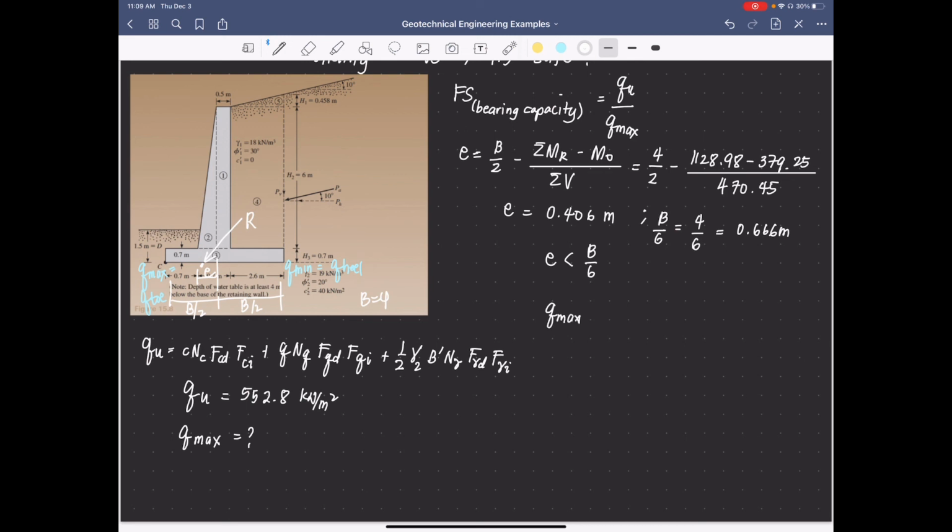The maximum pressure at the base, or the pressure at the toe, is equivalent to our Q sub toe, which is the summation of vertical pressure divided by the width of the base of the retaining wall multiplied by 1 plus 6e over B. And this is equivalent to 470.45 divided by the width, which is 4, multiplied by 1 plus 6 times 0.406 divided by 4.